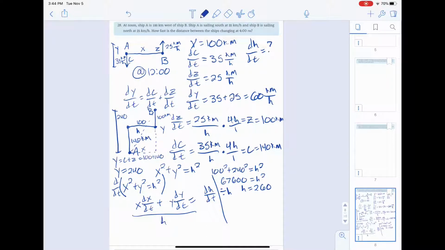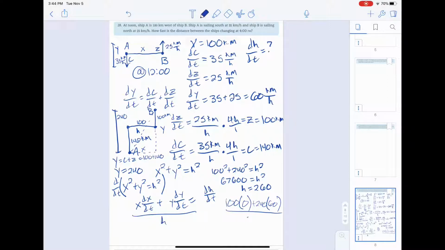Now all we have to do is plug everything in. So we have 100, and dx/dt is 0 because that's a fixed value. Then we have that plus 240. And then our dy with respect to t is 60.